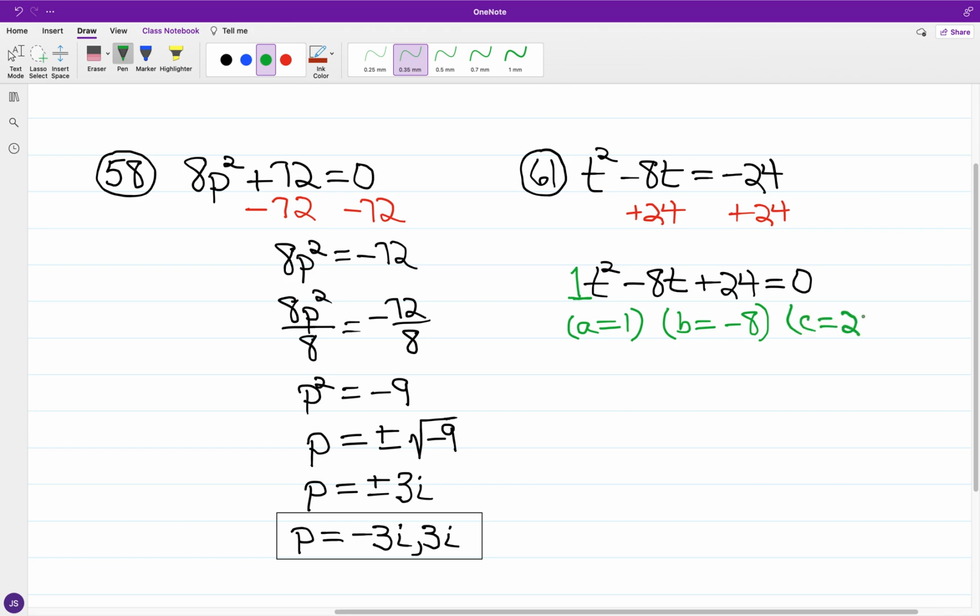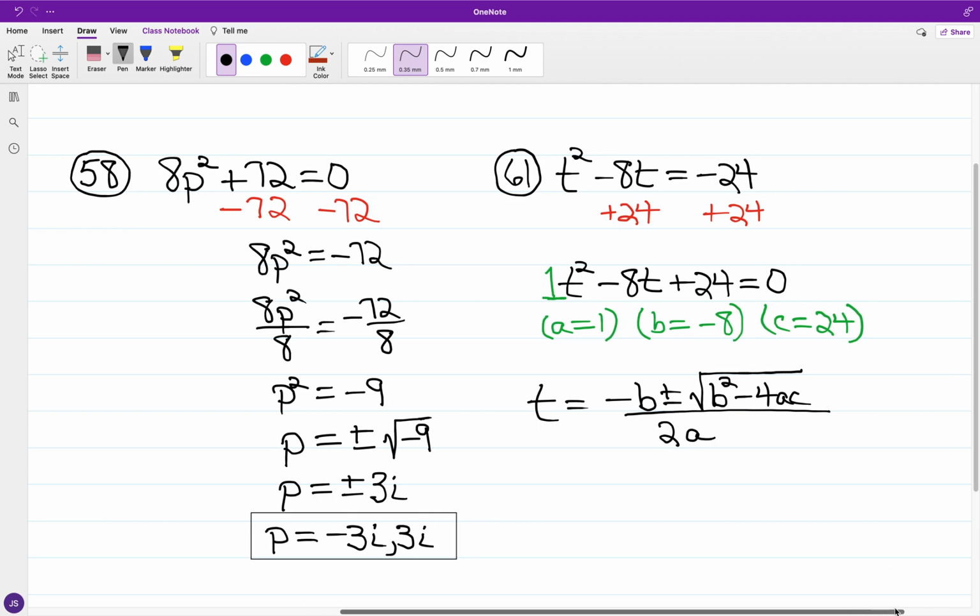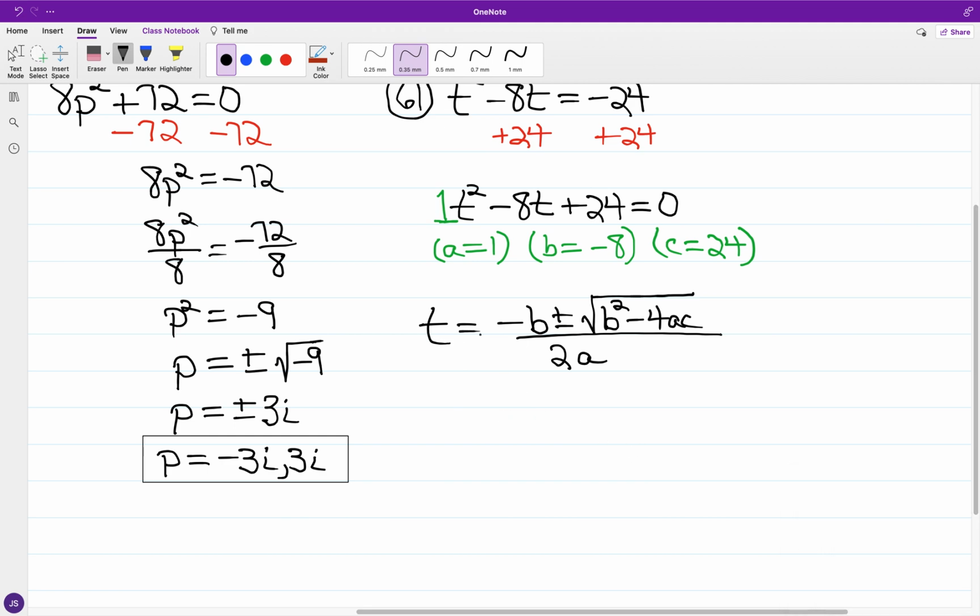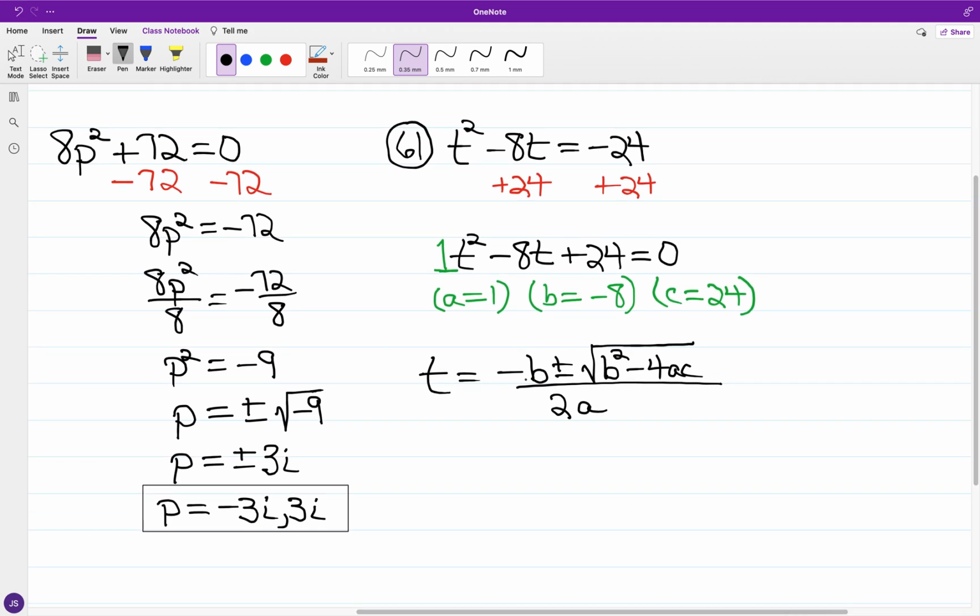And c, we have at 24. And setting things up, with t we got negative b plus or minus the square root of b squared minus 4ac, all over 2a. So I'm not solving for x, but I'm solving for t, and we have the same basis in terms of the quadratic formula setup.